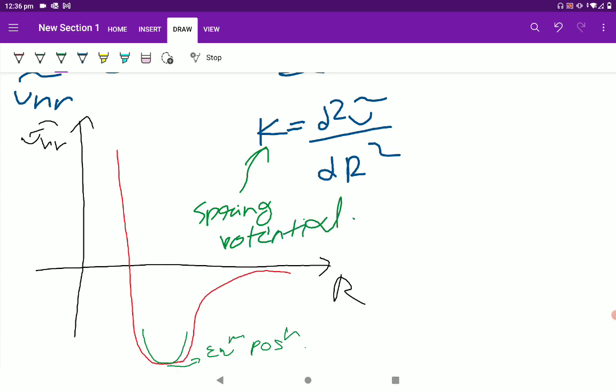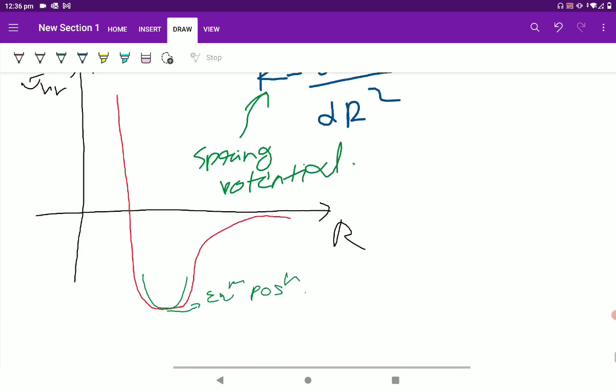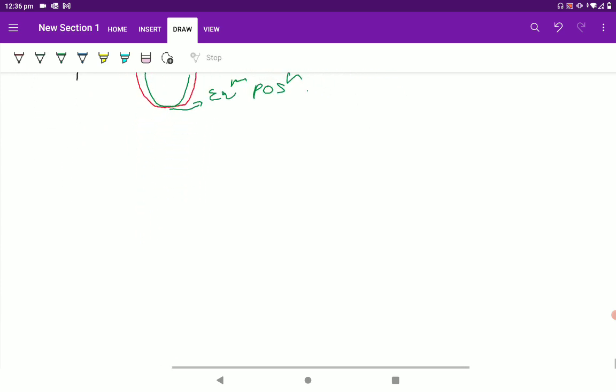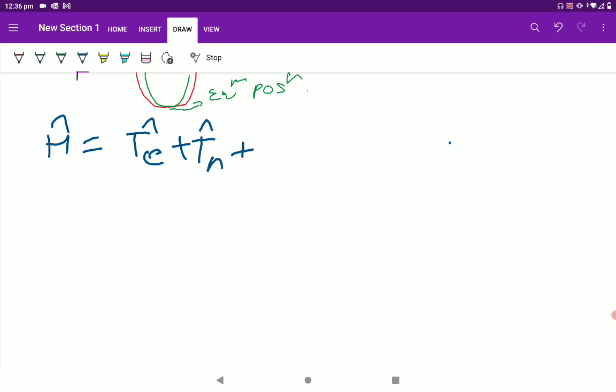Now let's do it for the electrons in a crystal. Let's write our Hamiltonian operator for the crystal. So let's consider a simple crystal without a basis. So here the Hamiltonian operator is given by kinetic energy of the electrons plus kinetic energy of the nuclei plus interaction between the electron and nuclei plus interaction between the nuclei and nuclei plus the interaction between the electron and electron.